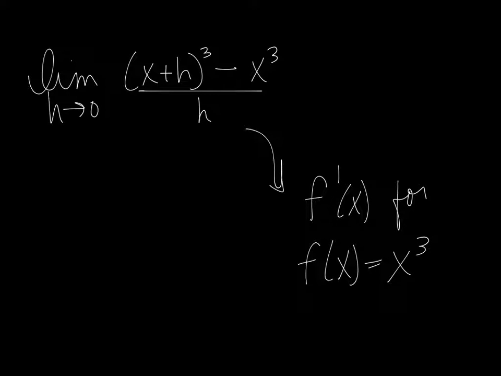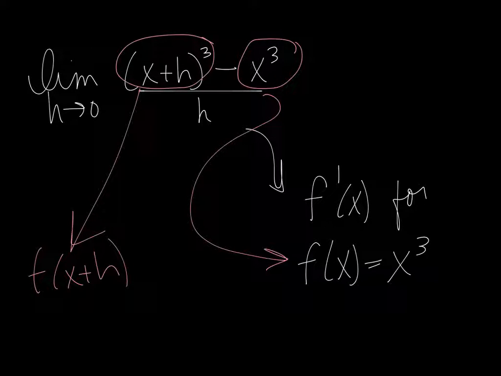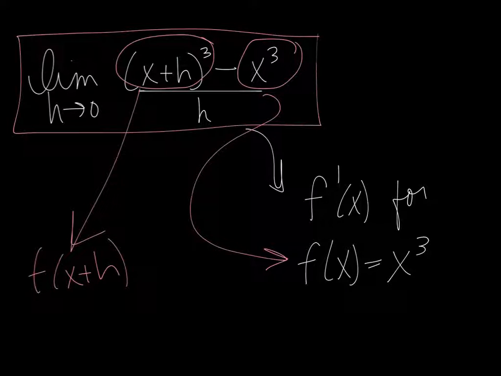You can see your f of x right here. And here's your f of x plus h. There is f of x plus h, f of x, all over h. It is a limit as h approaches 0. Again, f of x plus h, so x plus h to the 3rd, minus f of x, all over h. And that is the only answer I will be accepting.